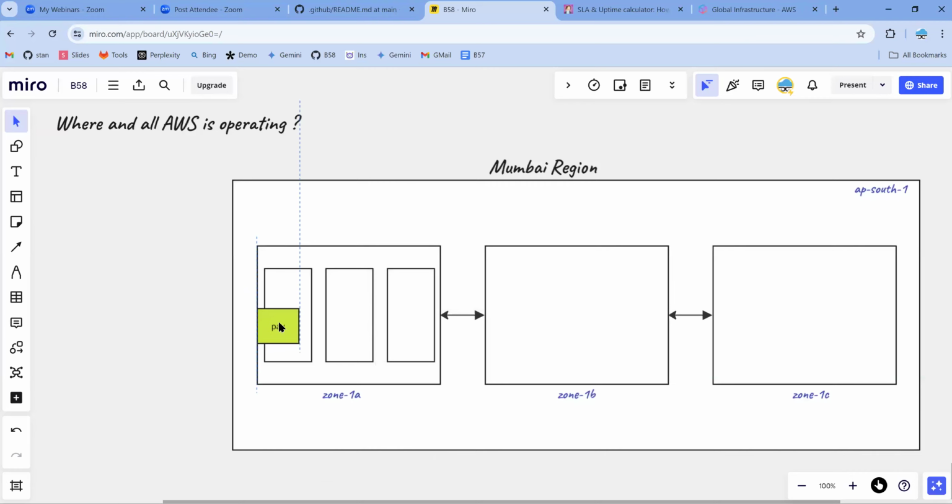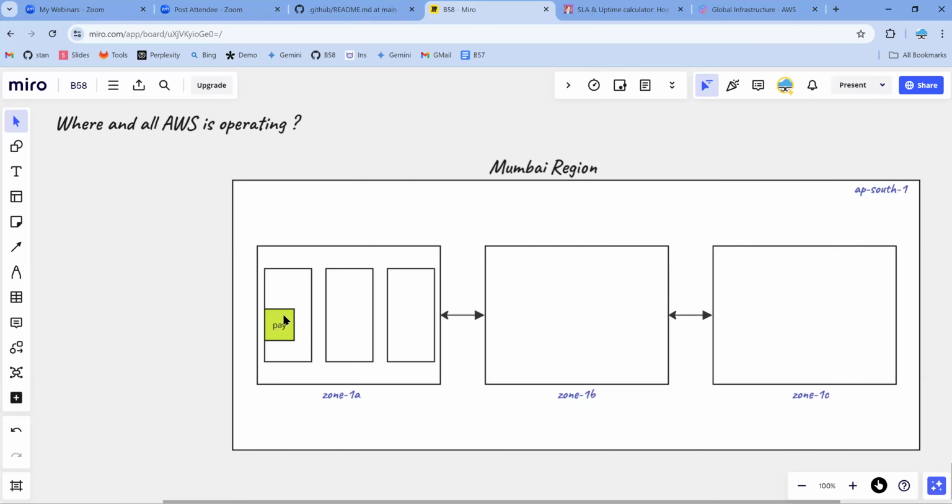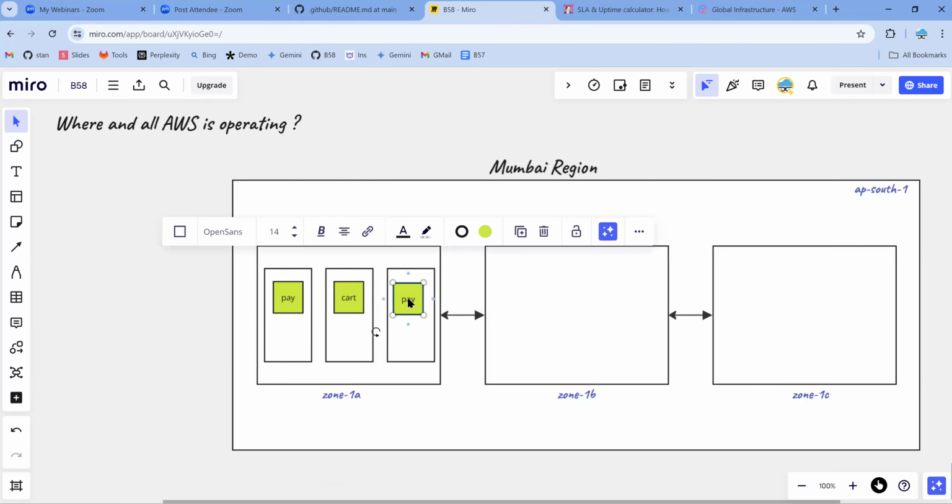We are making sure we design things in a real-time design pattern based approach. Let's assume you have a payment application running here, and the flipkart.com cart application and the catalog application are running here as well.